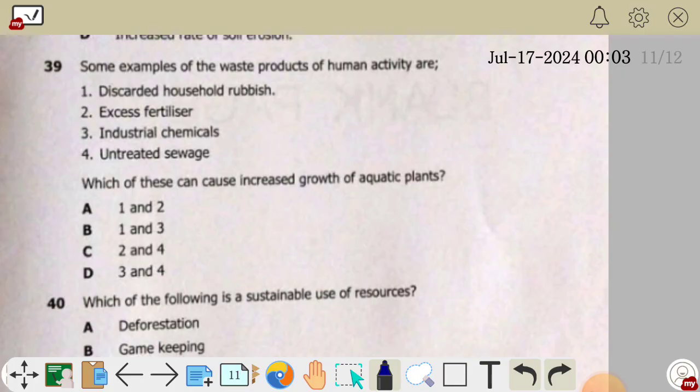Increased growth of aquatic plants can be caused by untreated sewage and also excess fertilizer. So if you use excess fertilizer and we have untreated sewage, we will have increase in growth of aquatic plants. So the correct answer is C.